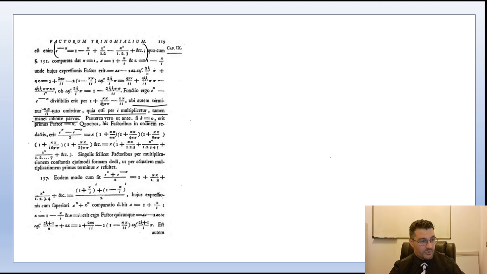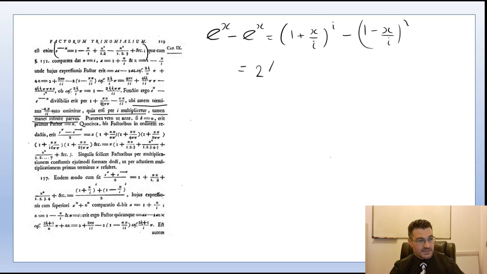So if you remember, we were dealing with e to the power of x minus e to the power of minus x, which was (1 plus x over I) to the power of I minus (1 minus x over I) to the power of I, which in turn was equal to twice, well, we can write it as 2x(1 plus x over 1 times 2, plus x squared over 1 times 2 times 3, plus etc.).